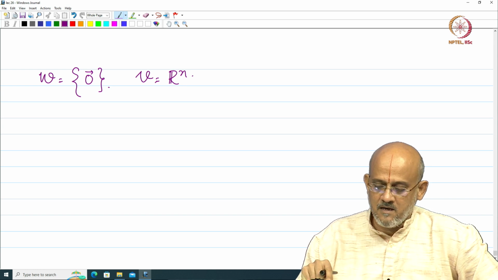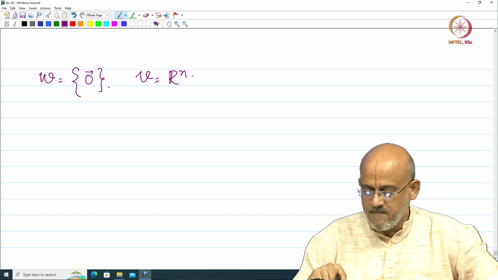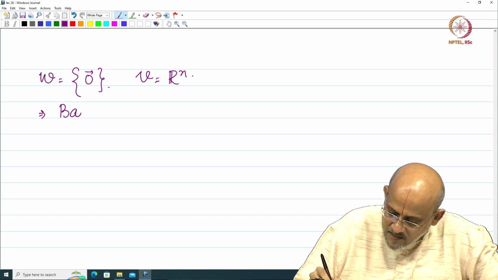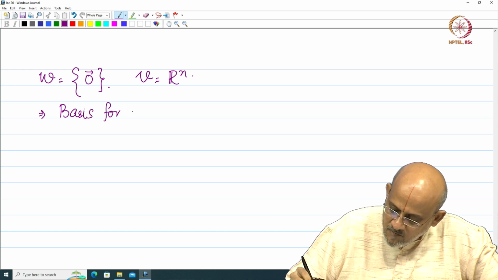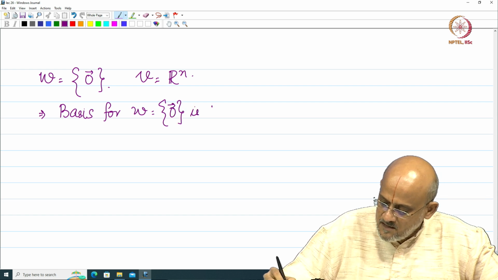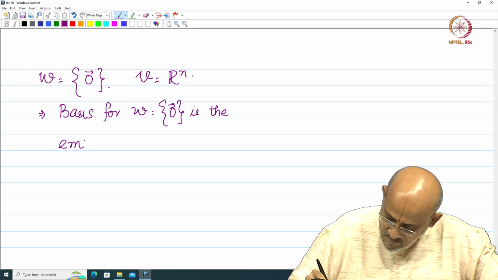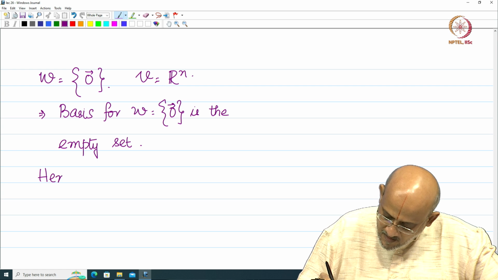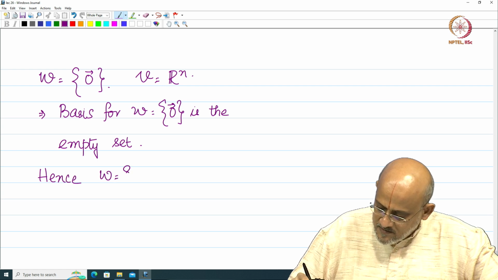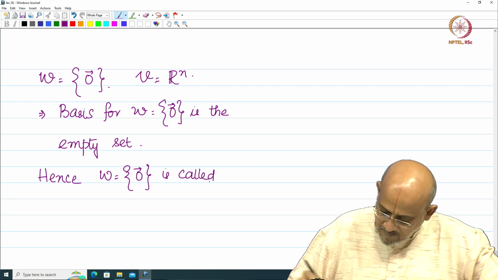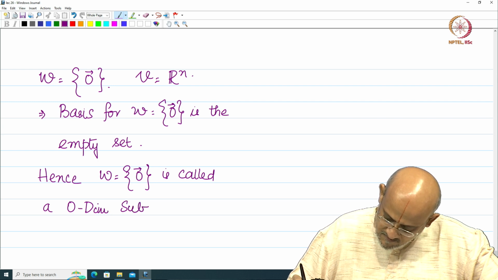Therefore, the basis for W equal to {0} is the empty set. Hence, the vector subspace W equal to {0} is called a 0 dimensional subspace of Rn.